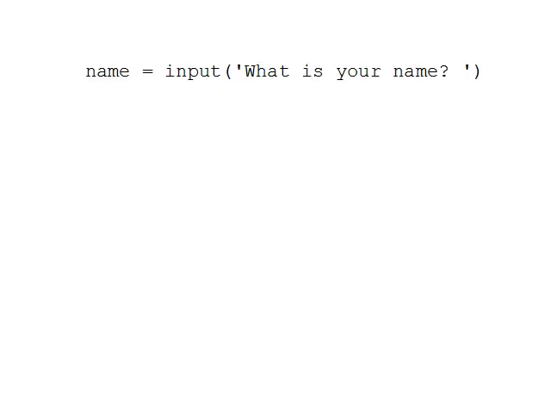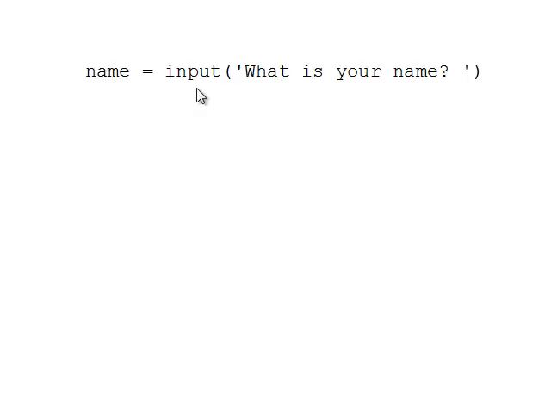For example, there's the input function, which reads input from the keyboard and then returns that piece of data that was entered at the keyboard. Now here on the screen we have an example of a statement that calls the input function. This input function will read whatever data the user types at the keyboard, and then it will return that piece of data.